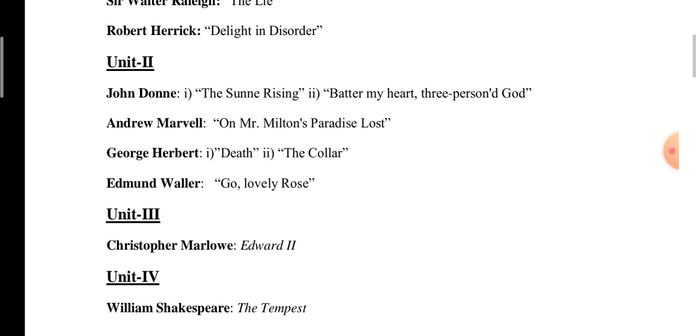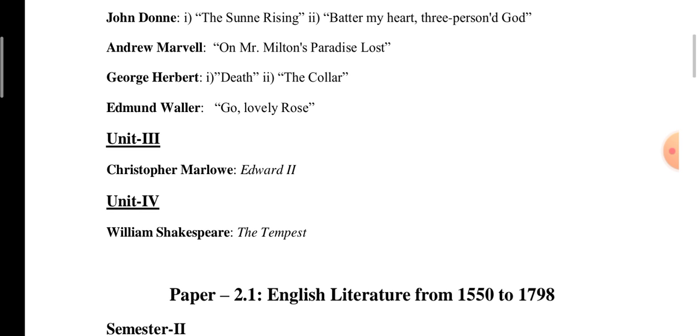Then Edmund Waller's Go Lovely Rose. Unit number 3 is Christopher Marlowe's Edward II, and unit number 4 is William Shakespeare's play The Tempest.